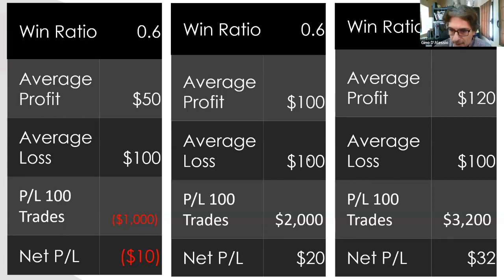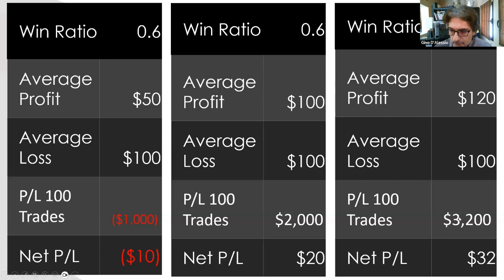In this scenario, if I trade 100 trades, I would make around $2,000 because I have an average profit of $20 a trade. In the third table, I still have a 60% win rate, but now my average profit is higher than my average loss.